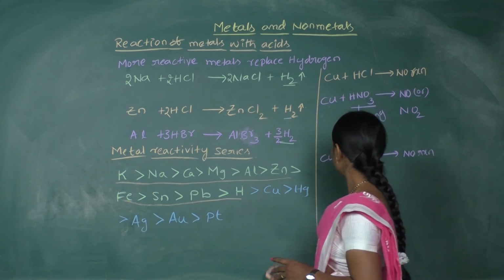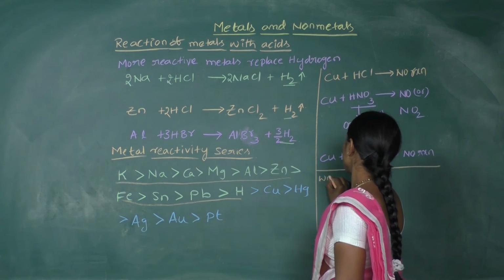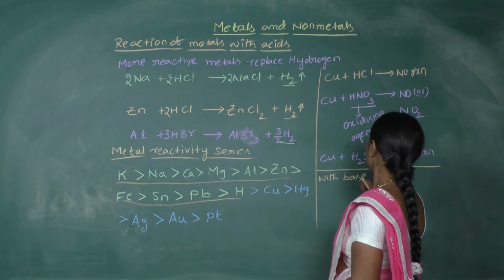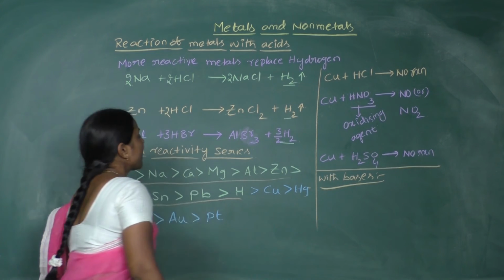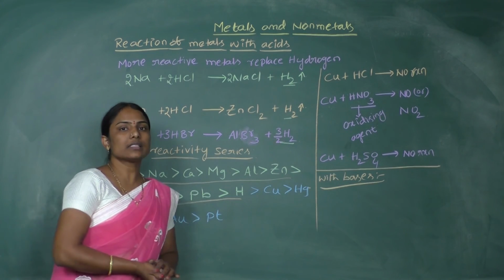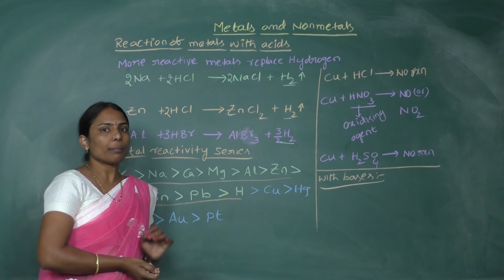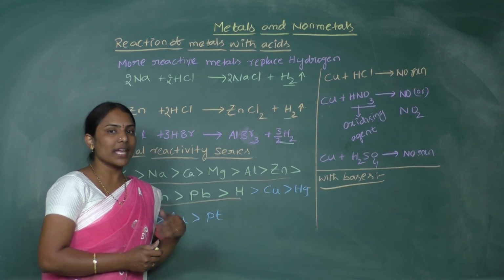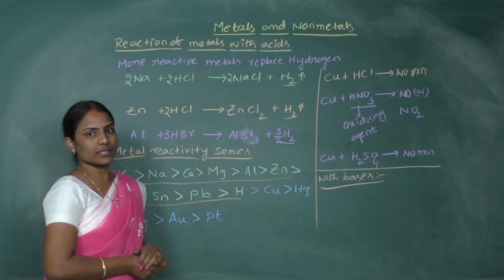Got it? Now we'll see about the reaction with bases. Reaction with acids is the most characteristic reaction of all metals, because metals are generally basic in nature and it is their nature to react with acids, right?